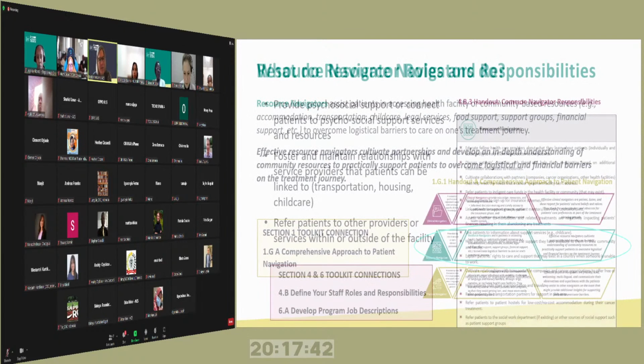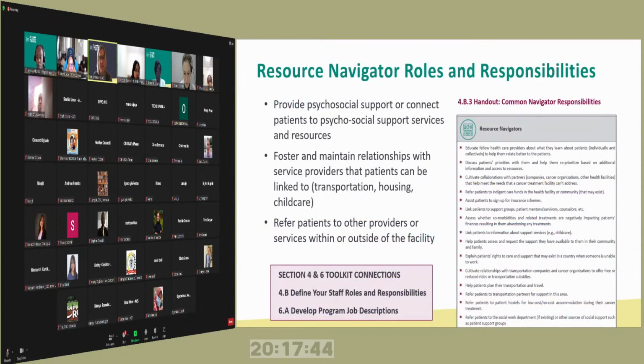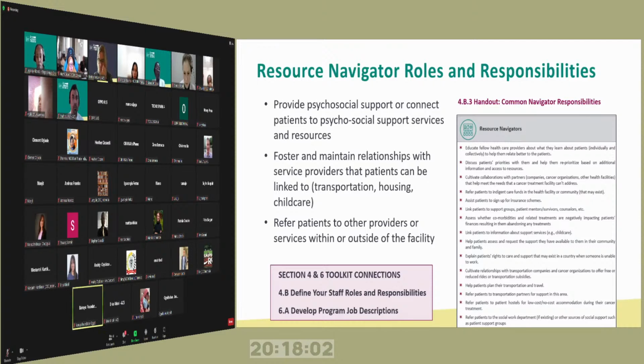And again, what are these main roles and responsibilities? Resource navigators are providing psychosocial support and connecting patients to psychosocial support services and resources. They're fostering and maintaining these relationships with service providers, again, perhaps inside the facility, but often outside, who can help patients link to transportation, housing, other needed services.